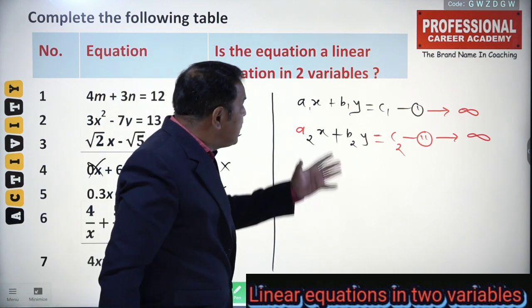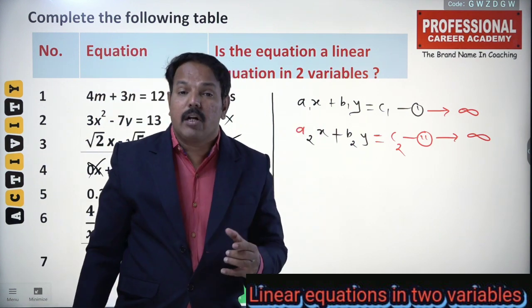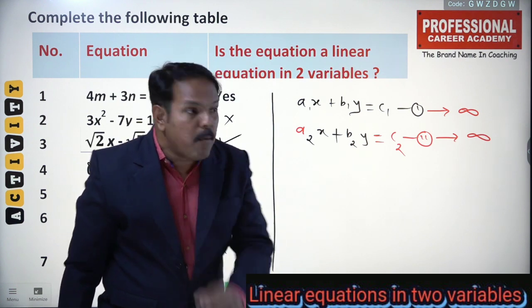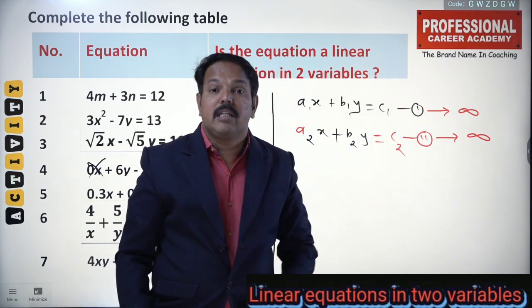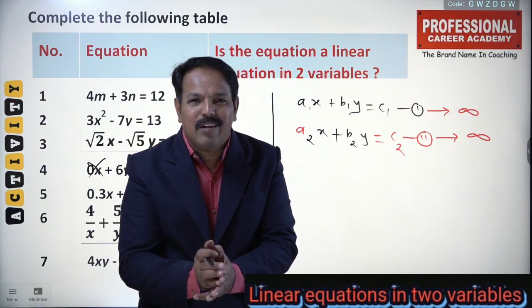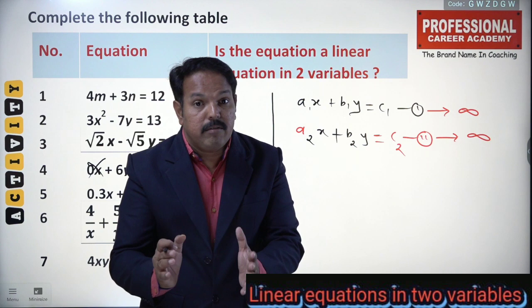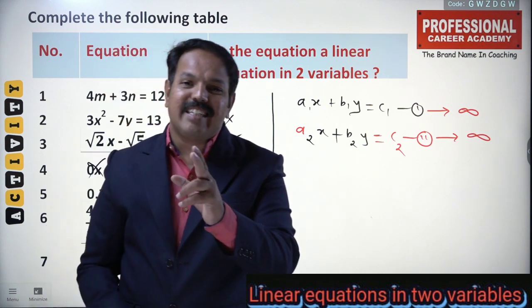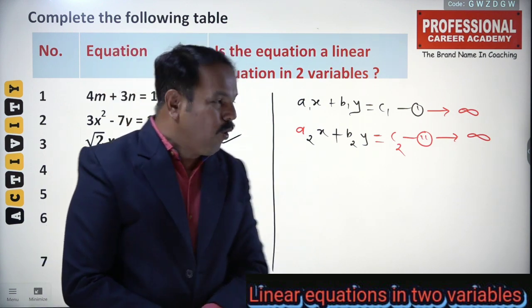So when can we say these are simultaneous equations? Remember that among all these infinite solutions, if at least one solution is common between these two, then and only then are these two called simultaneous equations.